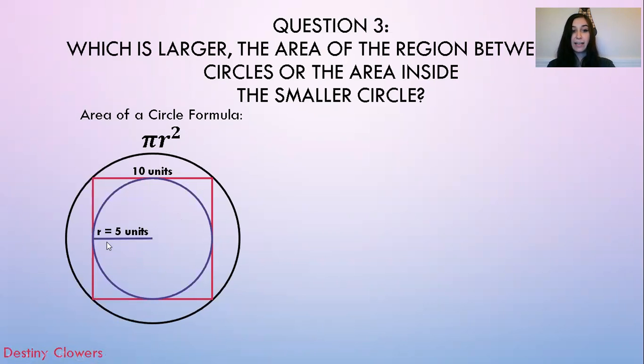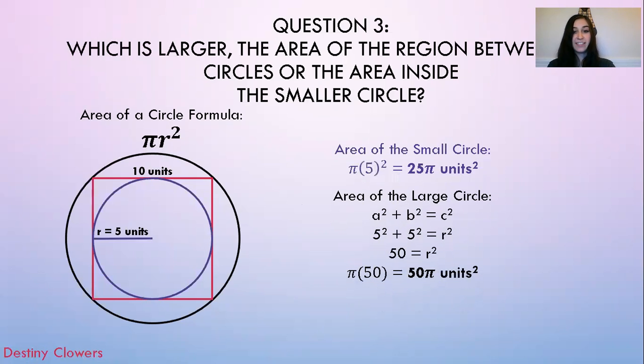So that means that our radius is equal to 5 units, and we're going to just plug in a 5 where that r is. So this is our equation now. So the area of the small circle is equal to pi, in parentheses, 5 squared, and that equals 25 pi units squared.